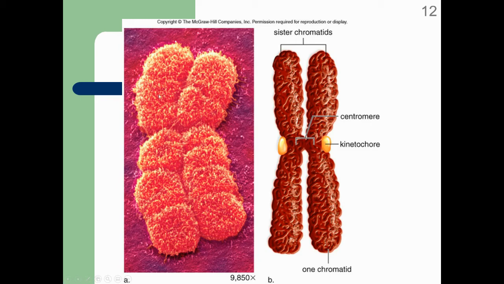That means it's just going to wrap itself around all those proteins to get organized into these two nice identical skeins of yarn, attached at the centromere. It's a Xerox copy. I've added no new information to my cell. I've just made a copy of the information I have so I can hand it off to a daughter cell.